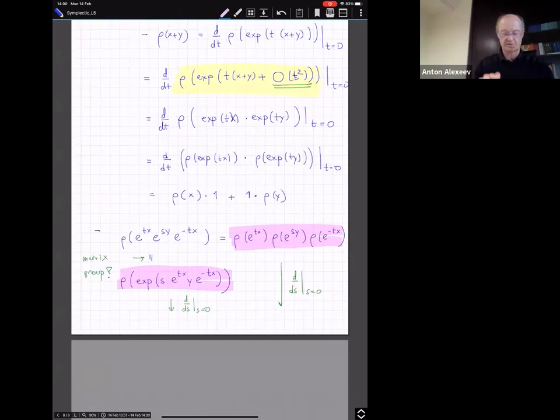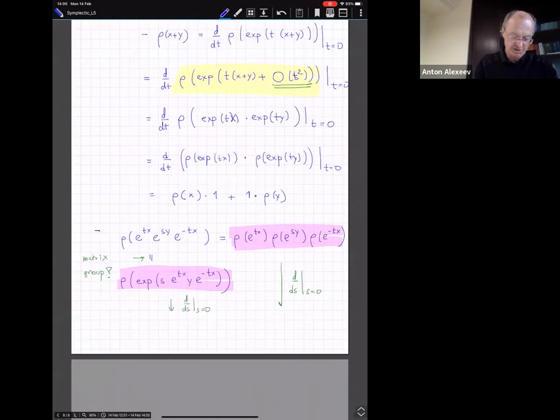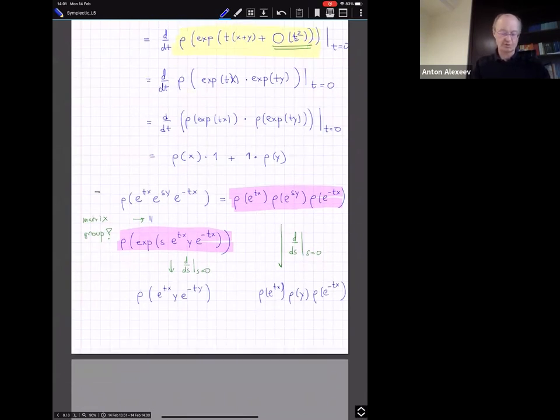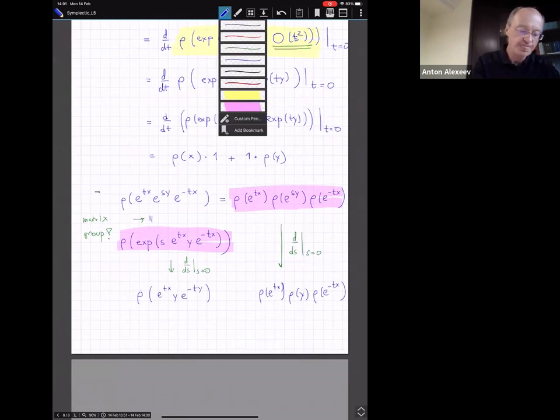On this side, it gives me rho of e^{tx} y e^{-tx}. And here it gives me rho of e^{tx}, rho of y, rho of e^{-tx}. And here I'm just using definitions.